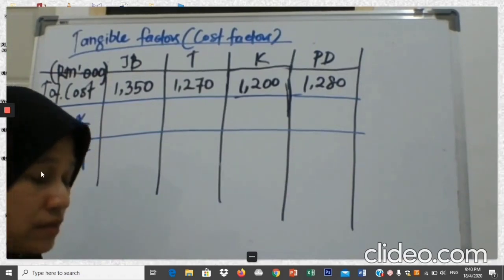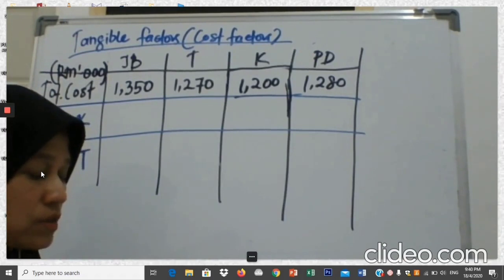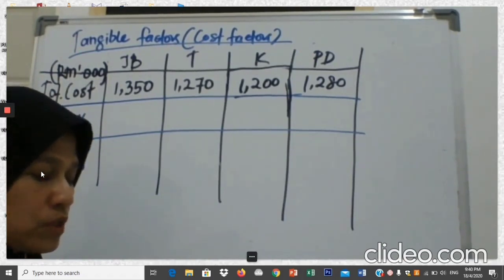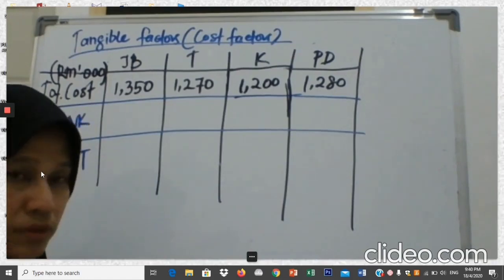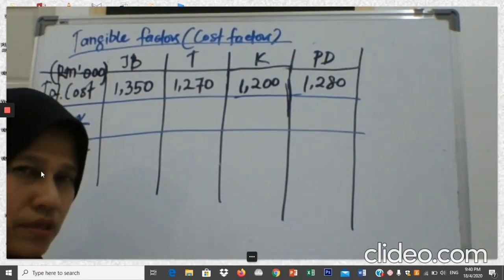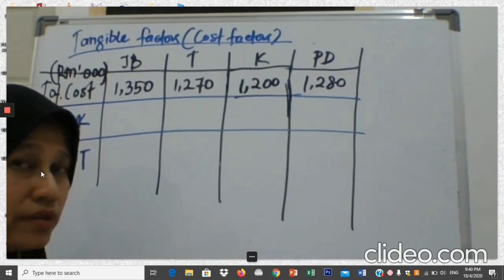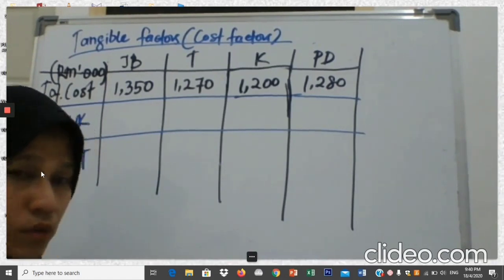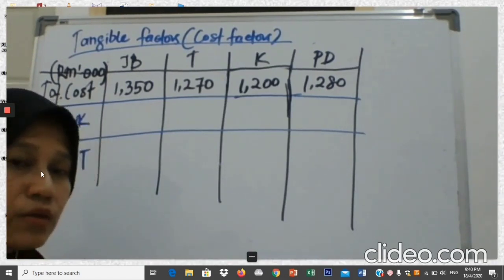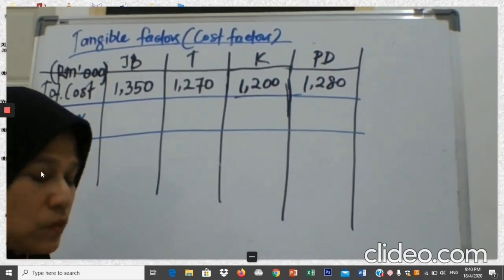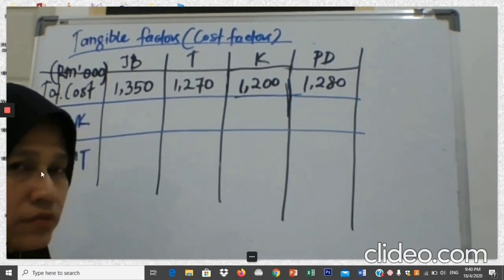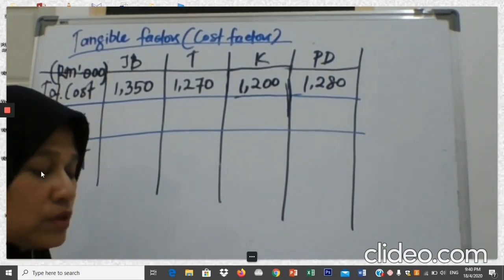Number one, still on that same page, the question says, based on the annual cost, which location is the most suitable? When you see the question asking about cost, based on the annual cost, it means you are required to perform a calculation using the tangible factor. The calculation is very simple.